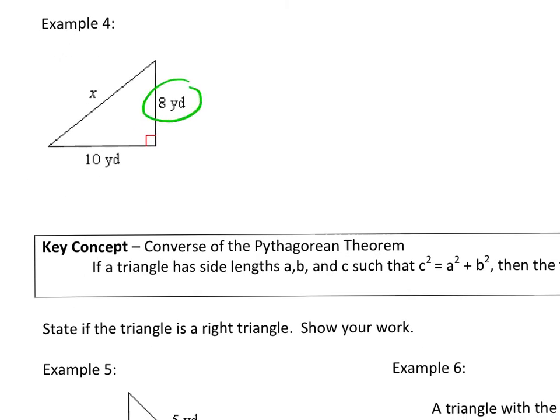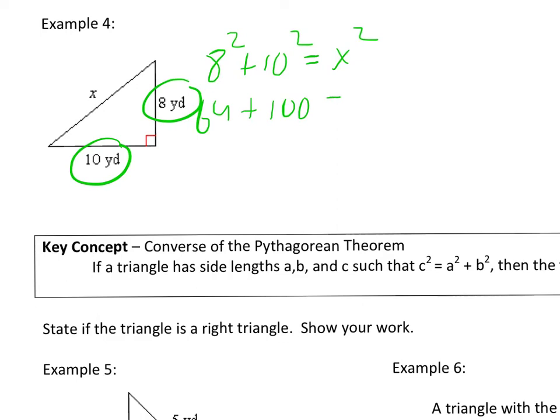Our two legs are here and here, which gives us 8 squared plus 10 squared equals the hypotenuse squared, which is 64 plus 100 equals x squared. x squared is equal to 164, in which we would root to solve, which gives us x equals root of 164.